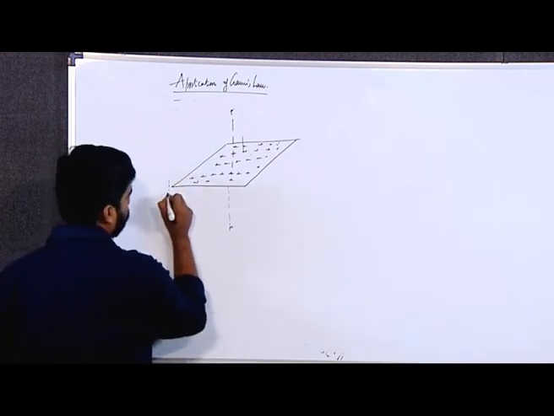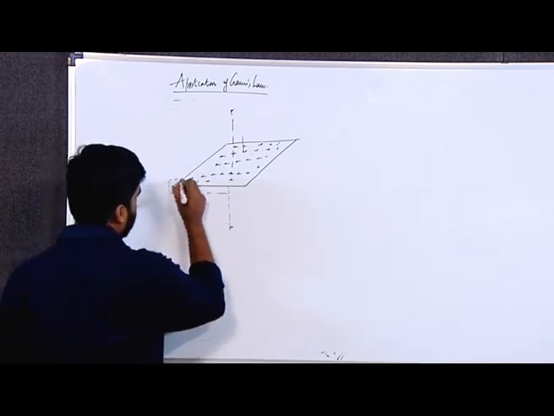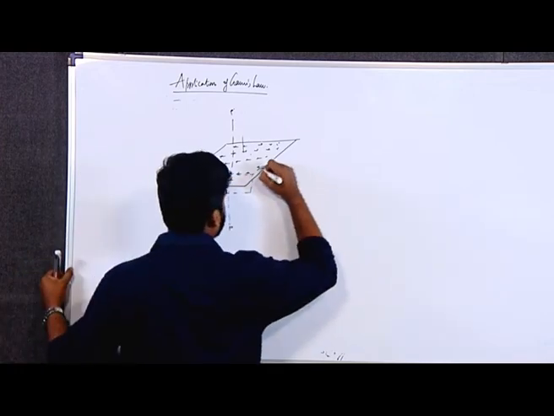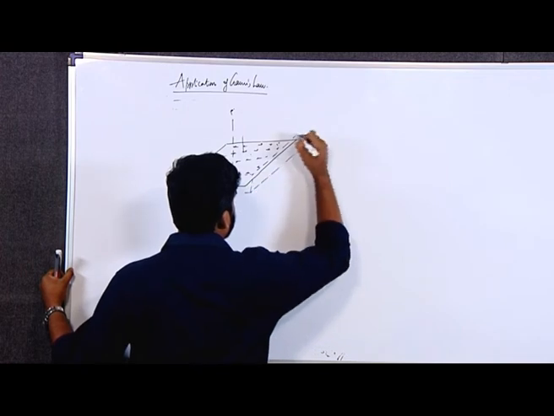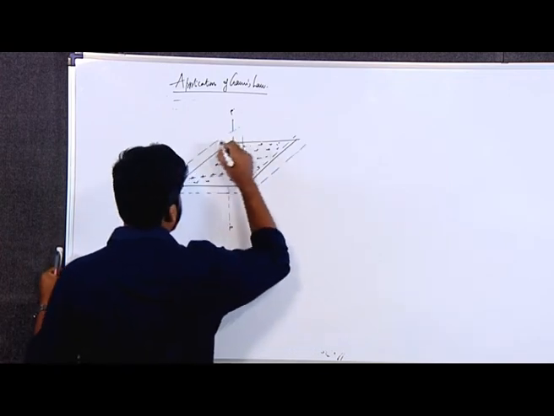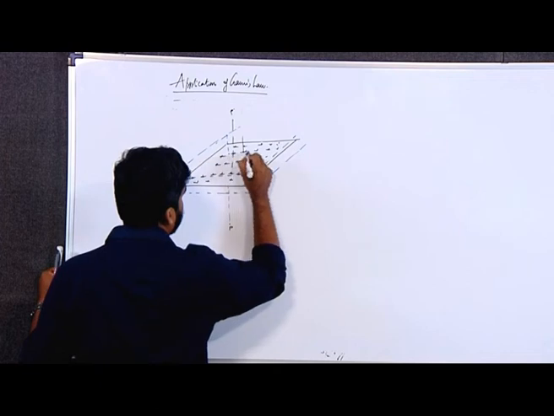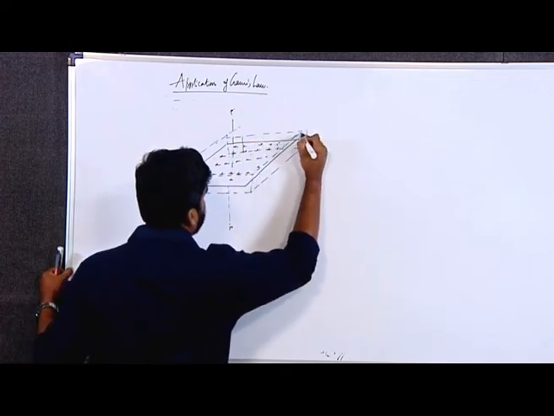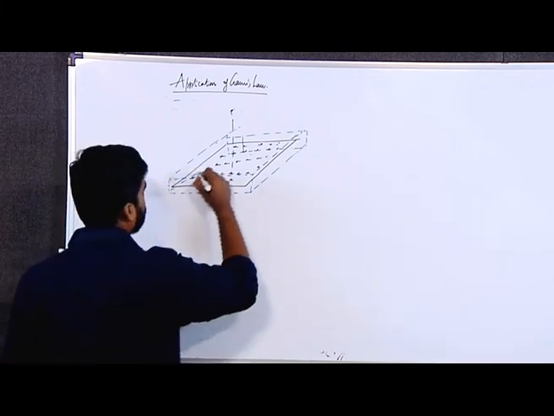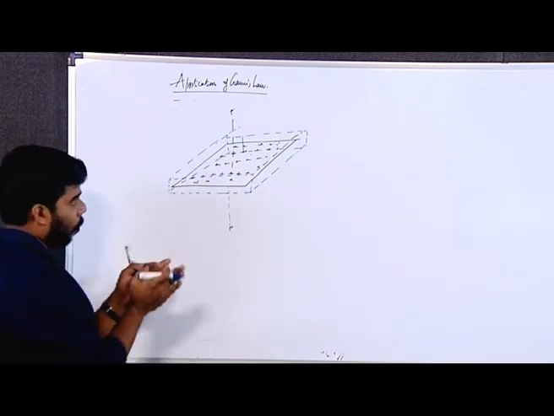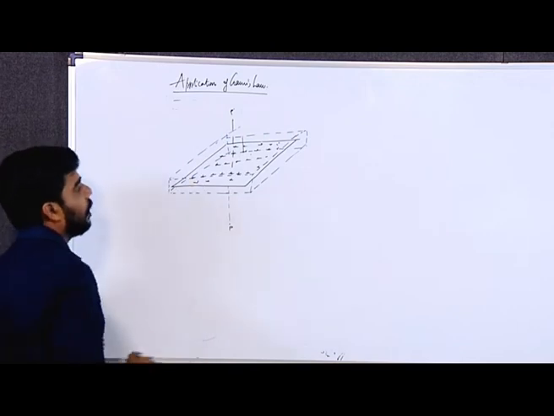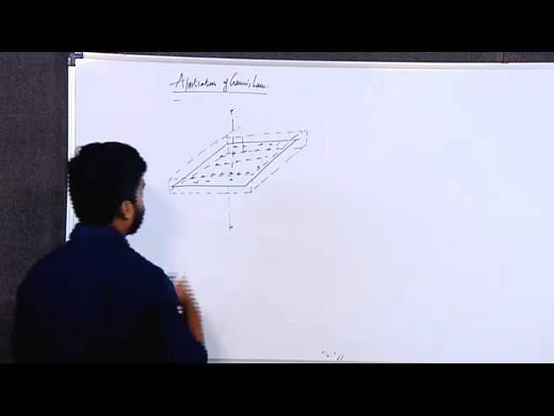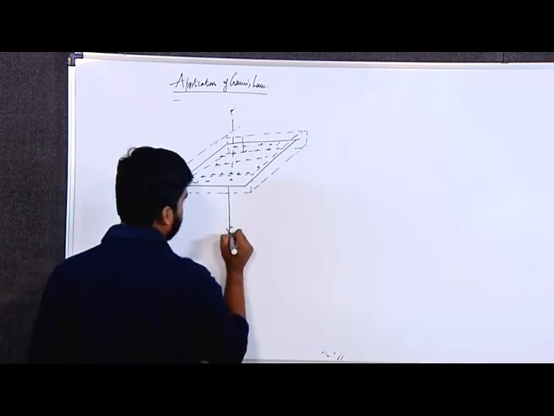a Gaussian pillbox, similar to a small matchbox, which has some surface area. The Gaussian pillbox encloses the whole sheet inside it and has a surface area A. I am taking the electric field in this direction.